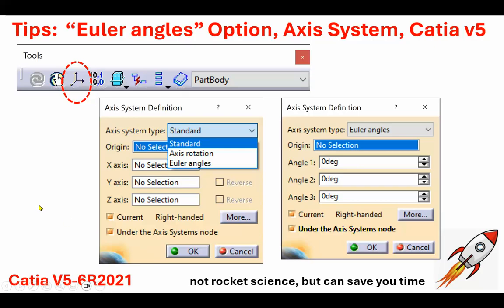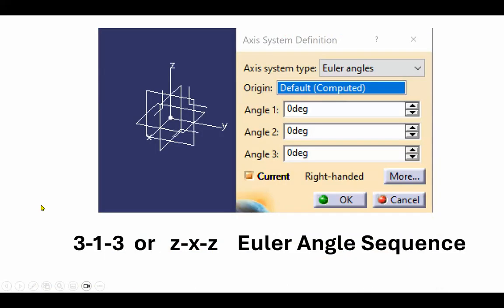Let me point out that the version of Euler angle that's incorporated in CATIA V5 is what is called the 313 or ZXZ Euler angle sequence, because there are 12 different Euler angle sequences, but the one that's programmed or available, and cannot be changed within CATIA, is this 313 or ZXZ.